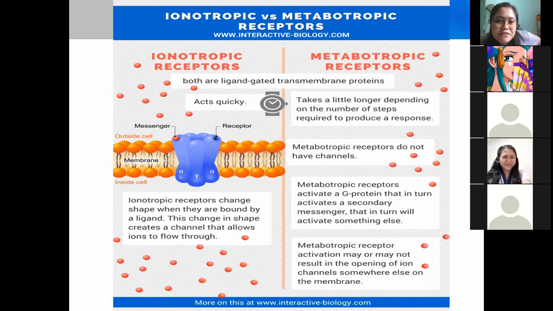Their difference is that ionotropic is faster than metabotropic. Remember, ionotropic acts in milliseconds while metabotropic acts in seconds. When we say ionotropic, once the drug binds to the receptor, an ion channel opens. Thus, ions will flow inside the cell.